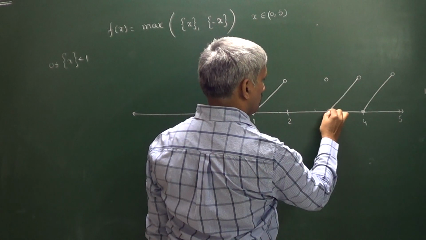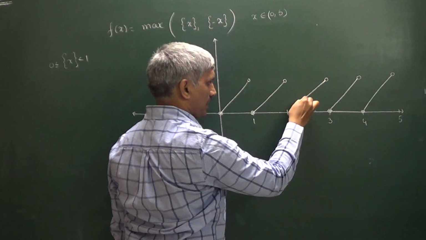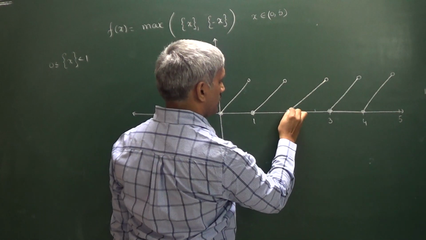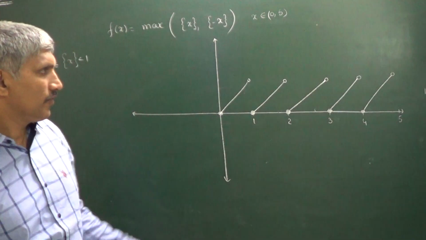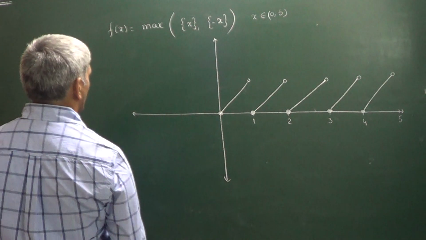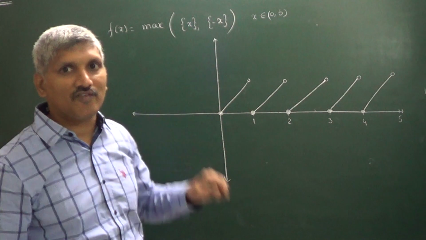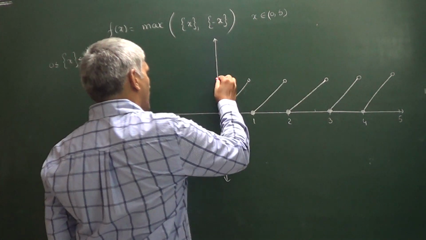If you observe, all these lines we have to draw in such a way that they are parallel. So that is the graph of fractional part of x. Now we have to draw the graph of fractional part of minus x. Nothing, just it will start from this side.